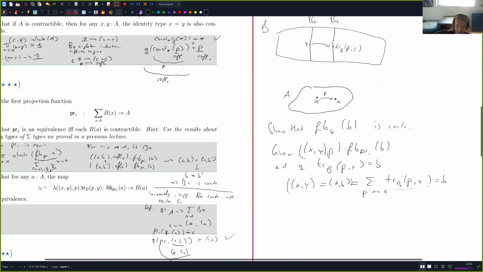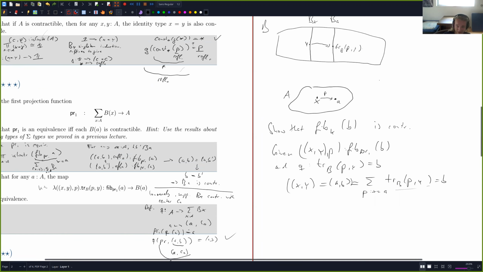Okay, because we know that K of this is transport reflexivity over reflexivity in B of B, and that is just B. So this would be our center of contraction, and we want to show that any such arbitrary element is equal to this one.